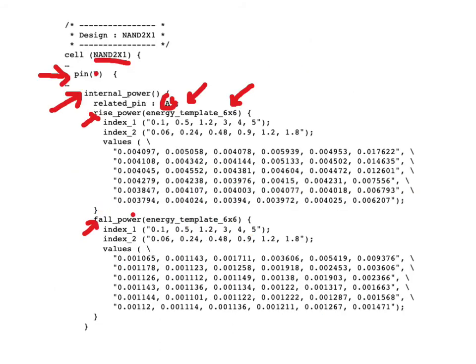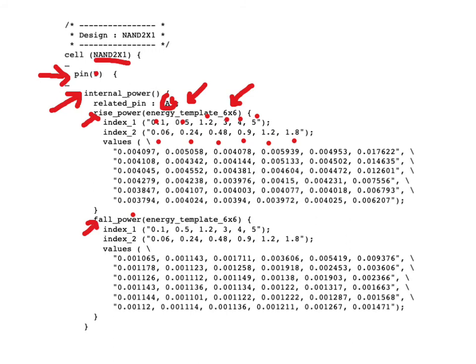So this table specifies the rise power for total output capacitance of gates with 0.1 picofarad, 0.5 picofarad, 1.2 picofarad, 3, 4, and 5 picofarad output capacitance, and this is an indirect specification of gate size. And it also specifies the energy that is consumed with a 0.06 nanosecond rise transition, 0.24 nanosecond rise transition, 0.48, 0.9, 1.2, and 1.8 nanosecond rise transition.